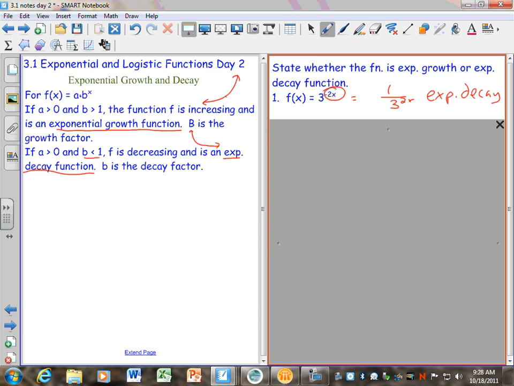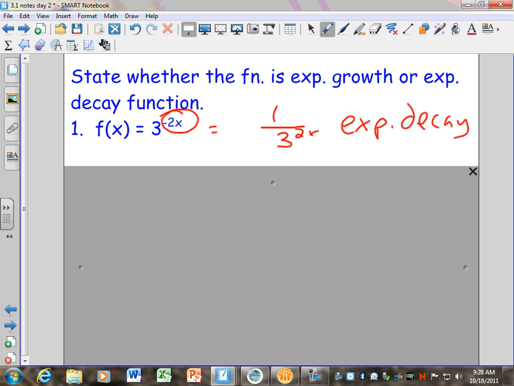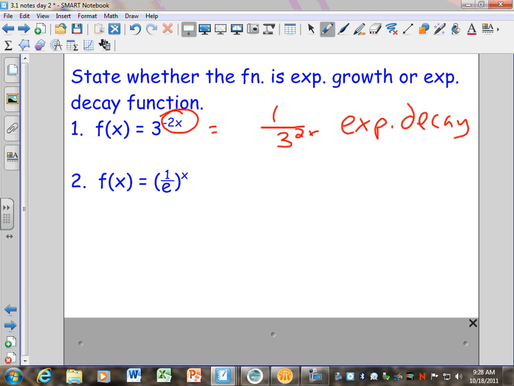What if I had, let me just skip this one for a minute. I'll make that number for you in a minute. What if I said f of x equals 1/3 to the negative x power? What does that negative do to 1/3?